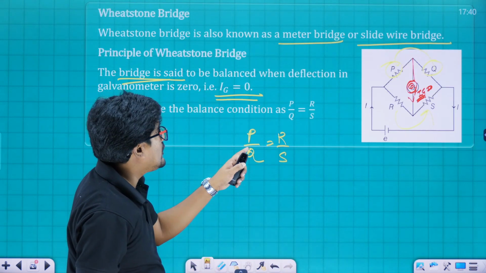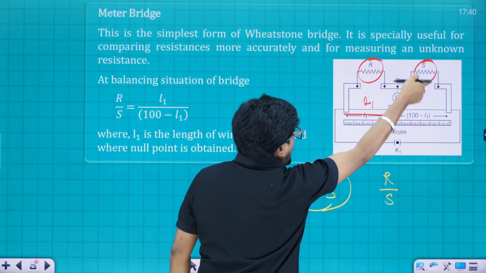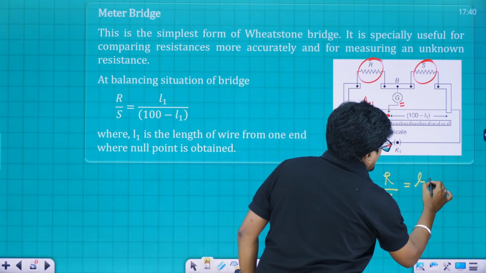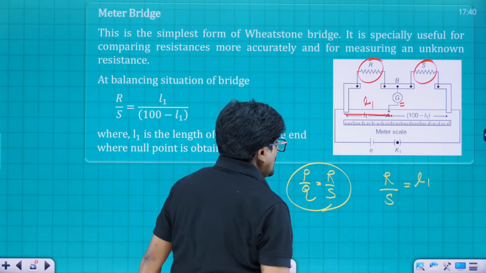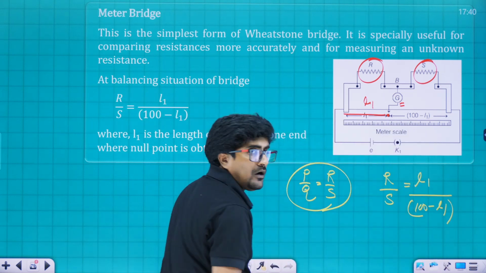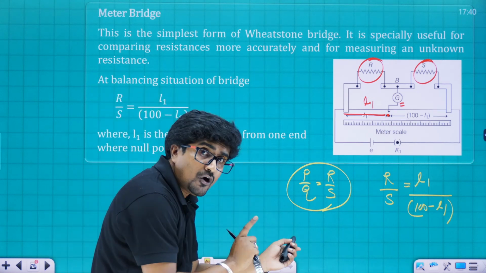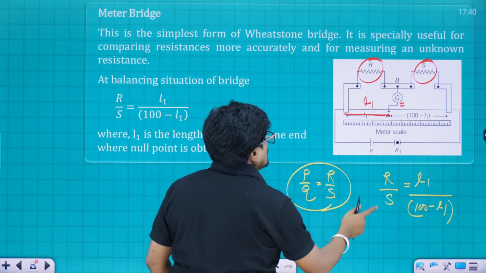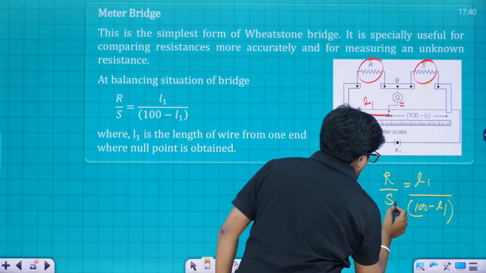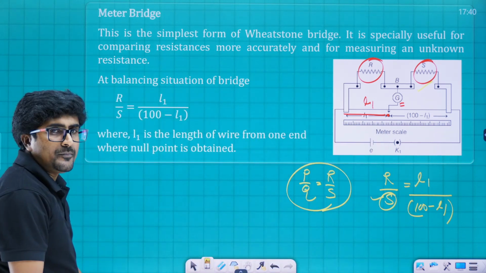So once I apply that over here, I may mark it as R by S, that is equal to L1 upon 100 minus L1. So in this way, just by measuring the value of L1 only, we can calculate the value of the unknown resistance. If S is unknown here, I can easily calculate that value from here.